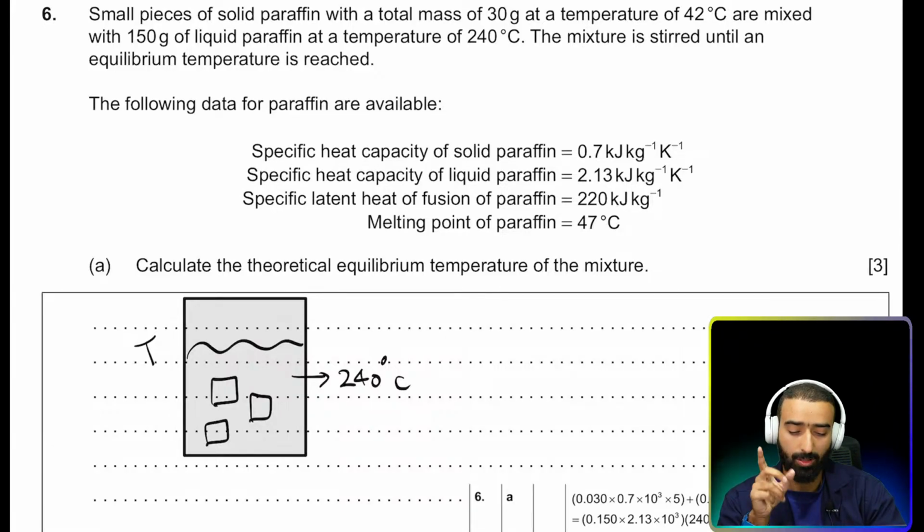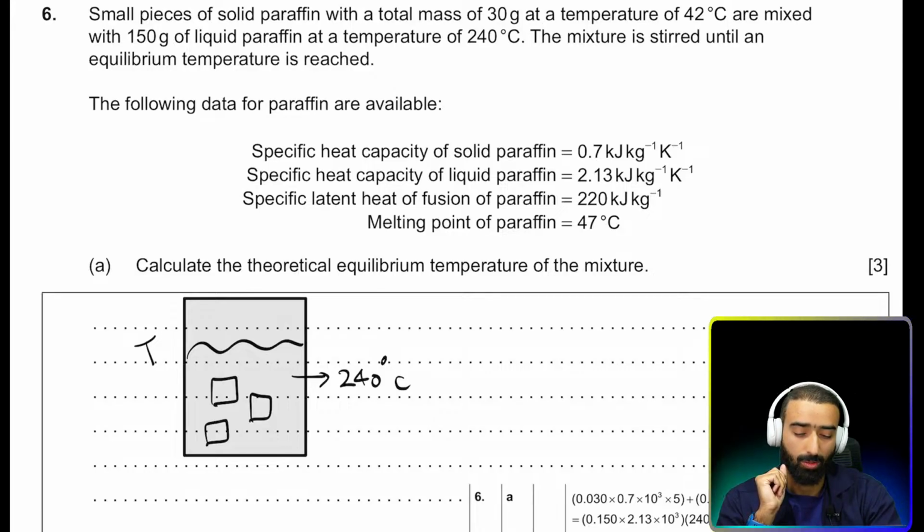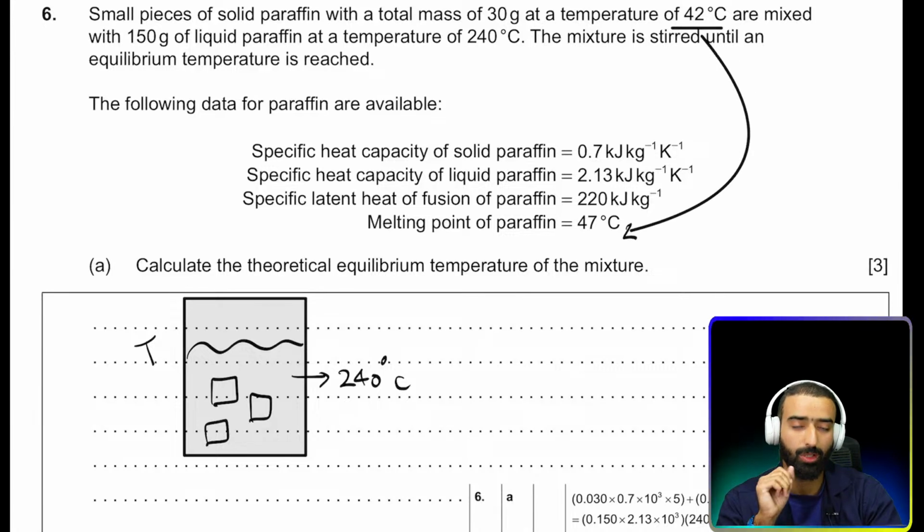Well, the first step, what's going to happen is that these solid blocks will go from 42 degrees Celsius to 47 degrees Celsius. They have to reach the melting point first. So what's the heat they're going to use? We use the mass of the solid paraffin blocks.